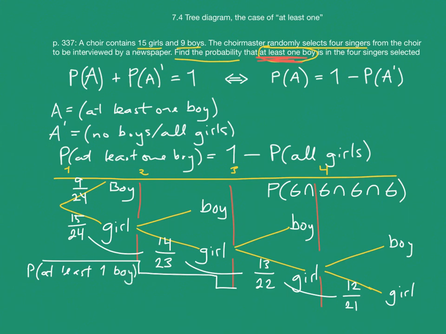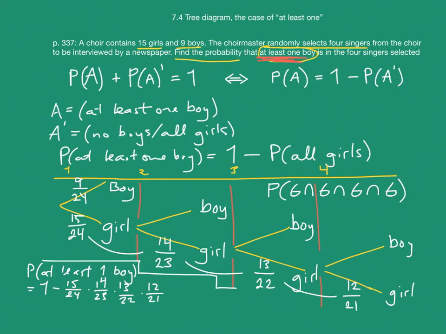That's going to be equal to 1 minus 15/24 multiplied with 14/23 multiplied with 13/22 multiplied with 12/21.